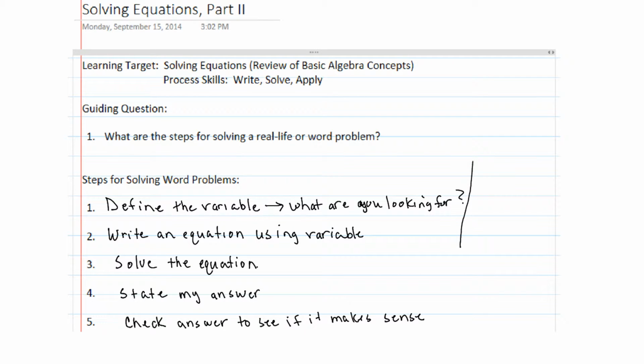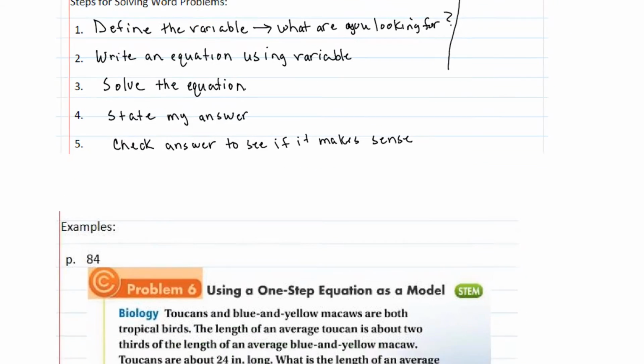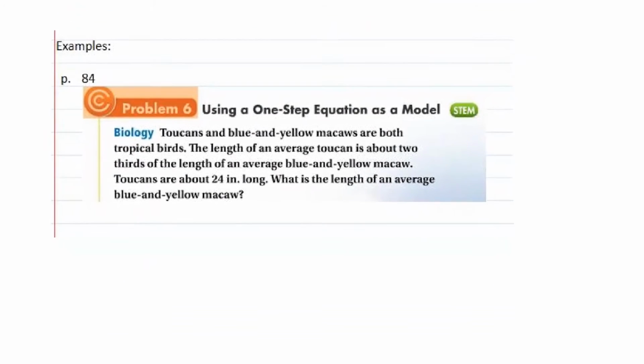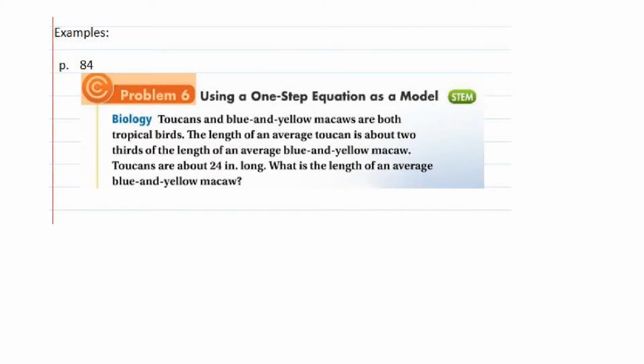We're now going to look at a couple of examples. Our first example, we're going to use a one-step equation as our model. The question says toucans and blue and yellow macaws are both tropical birds.